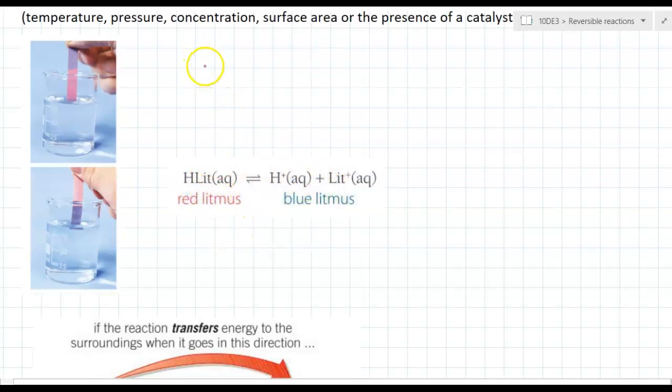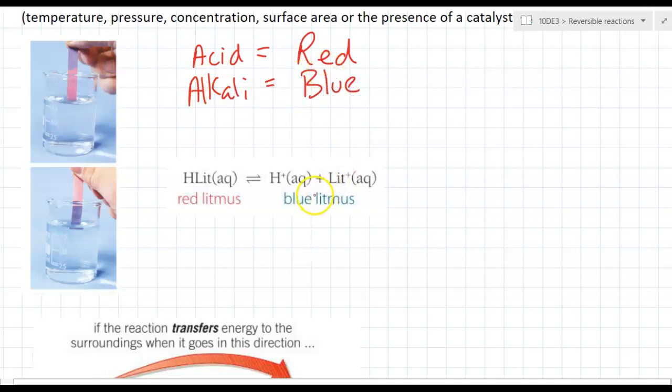So we should be happy with the fact that if something is acid, then litmus, this chemical, the indicator, is red, and if something is alkali, it is blue. Okay, now this equation here is showing that there's our symbol for the reversible reaction.